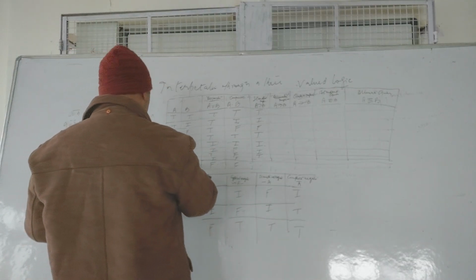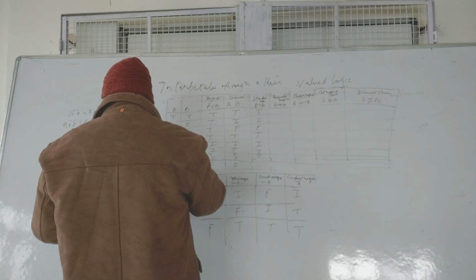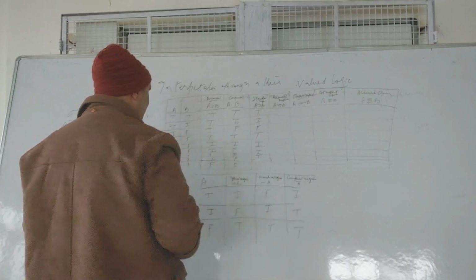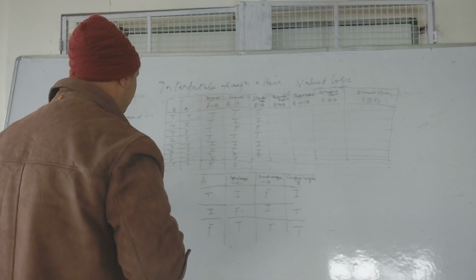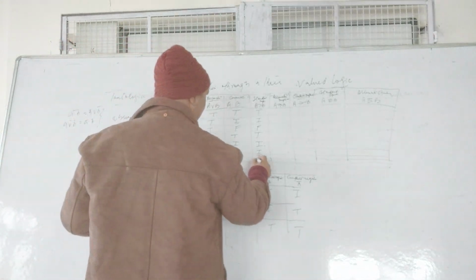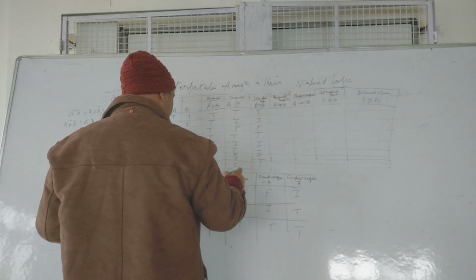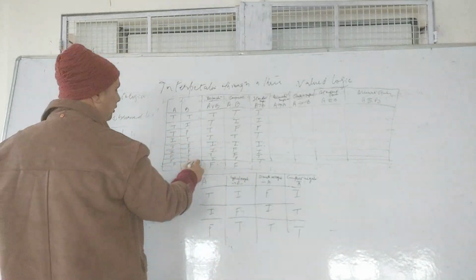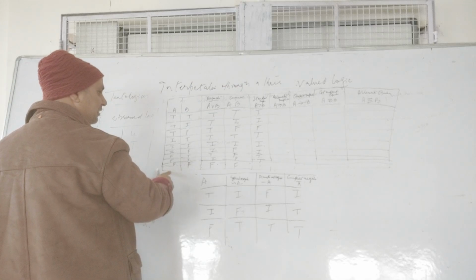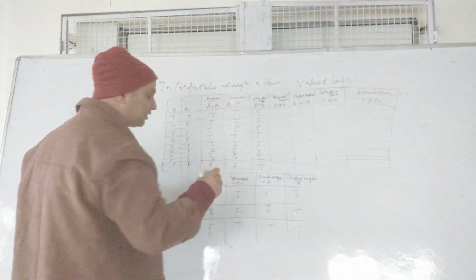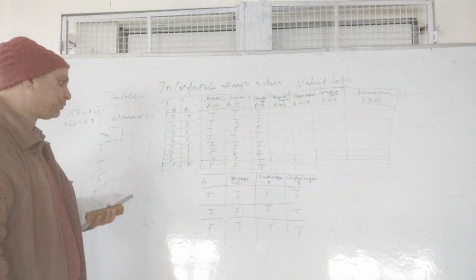False implies indeterminate means truth will come back. False goes to false, this is an important statement. False implies false, but the statement can be true. It means that statement is true.